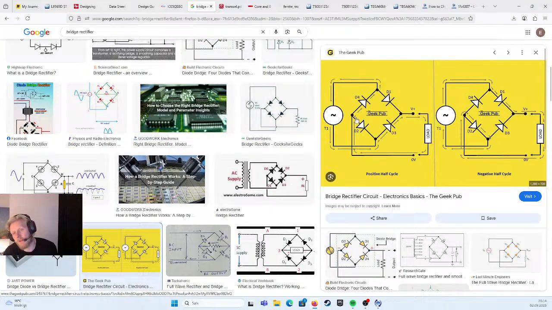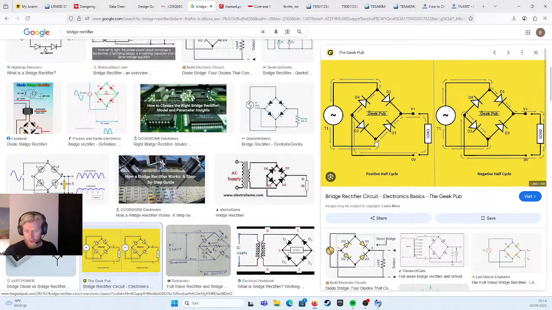So this is a nice picture, maybe very yellow, but in the positive half cycle, it goes down, so the positive one. Here it looks from maybe the other way.